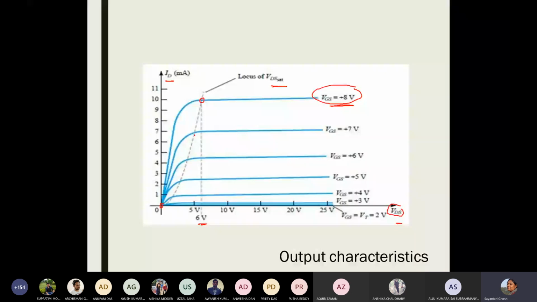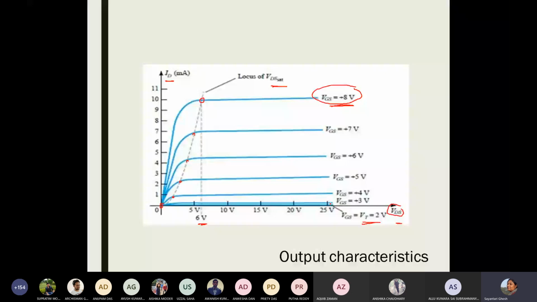And a similar kind of graph you can see, what we have seen in case of JFETs, right? As soon as VGS is equal to V threshold, which is 2 volt for this circuit, there is no current flowing, and we reach the cutoff region. So a similar kind of output characteristics, but a completely different kind of operating principle. That is how an NMOS works.